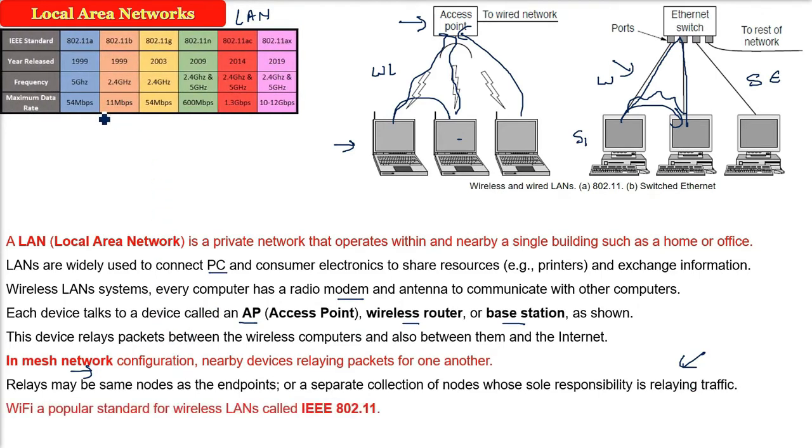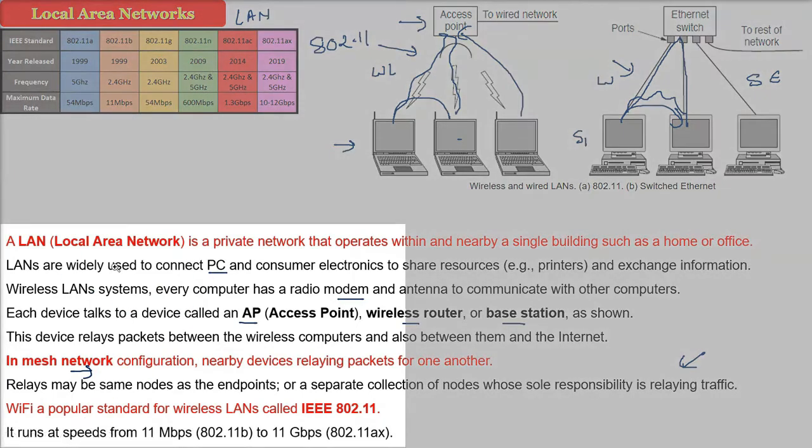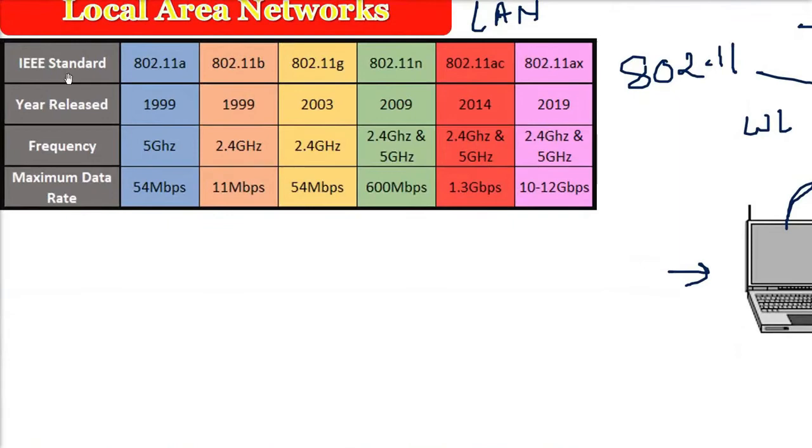Now Wi-Fi also comes under LAN. It is a popular standard of wireless LAN. The IEEE number is 802.11. IEEE makes the protocols and defines the standard. Let me give you a brief idea about Wi-Fi. It all started way back, but the prominent ones are 802.11a, starting at 54 Mbps, on frequencies that are mostly free, in the ISM band.